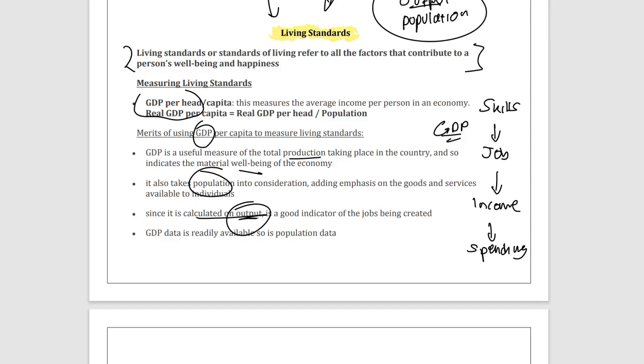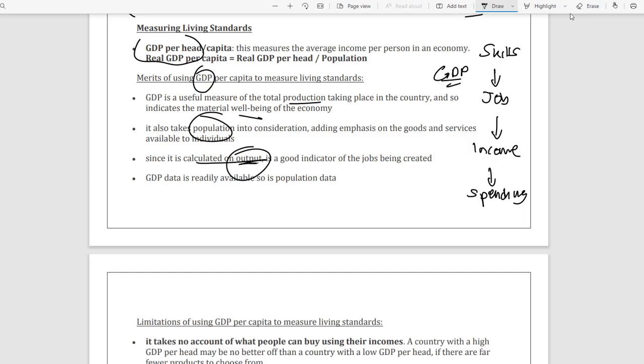You need people working for that certain product, and hence jobs are created. That is good for the economy, because if there is more employment, more people are working, which means people are getting an income. If they're getting an income, living standards increase. So that's a really good reason why we use GDP.